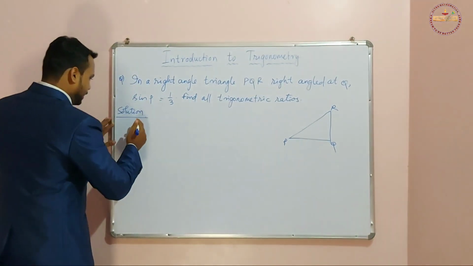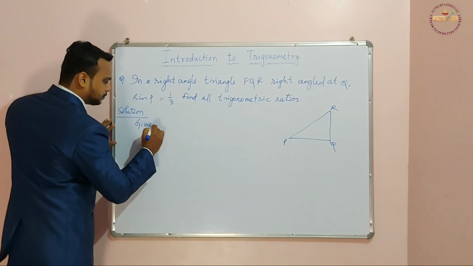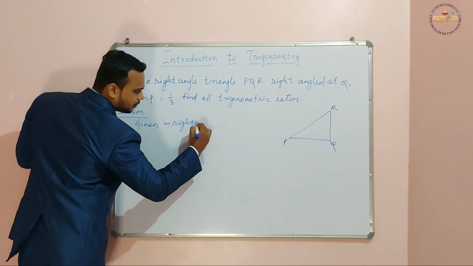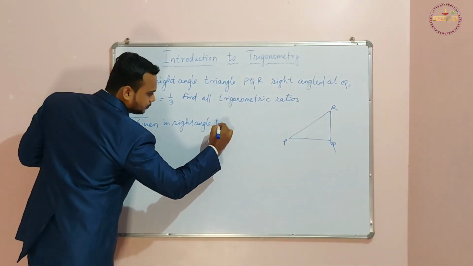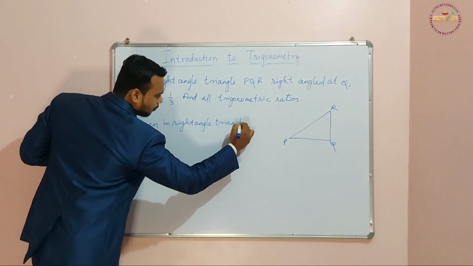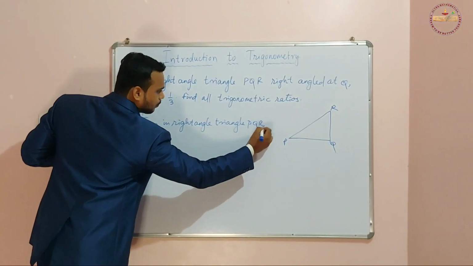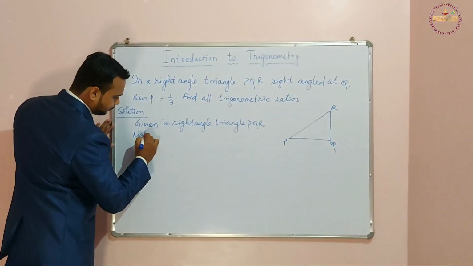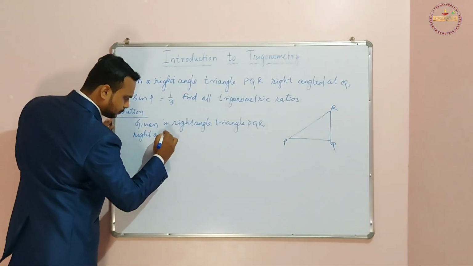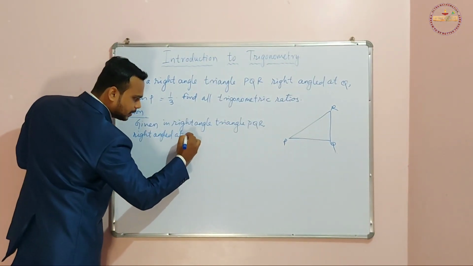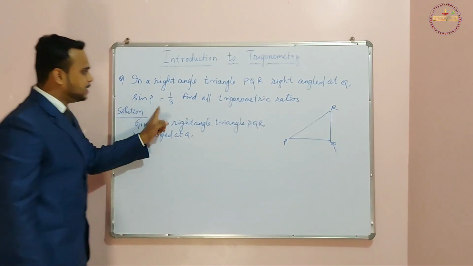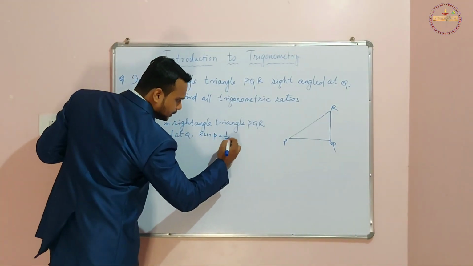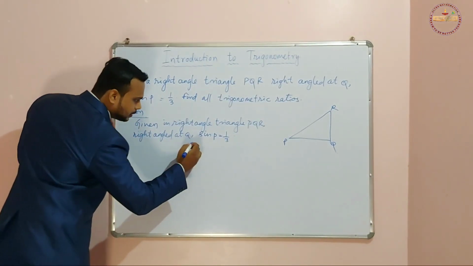You will write like this: given in right angle triangle PQR, right angled at Q, sin P is equal to 1 by 3.